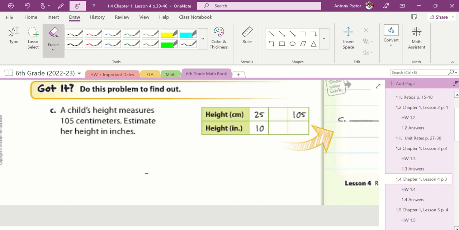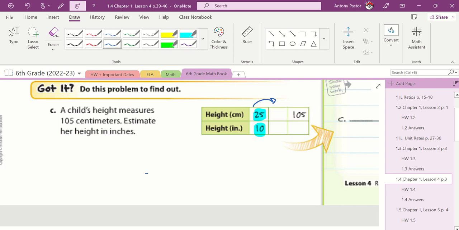What it tells us here is that 25 centimeters is equal to 10 inches. That's what our first ratio tells us. I cannot upscale 25 to become 105. 25 times 4 will give me 100, but not 105.